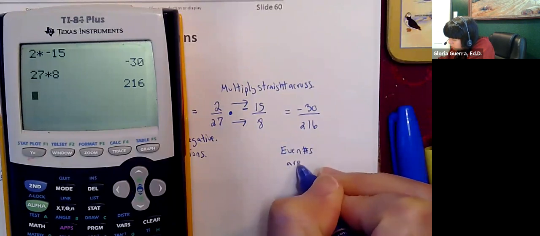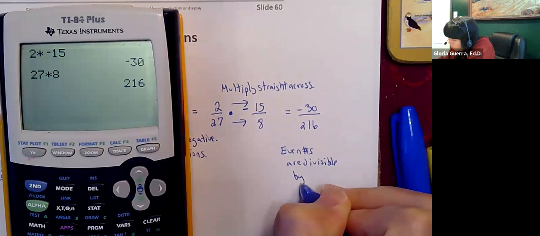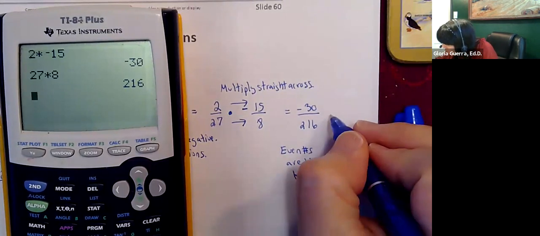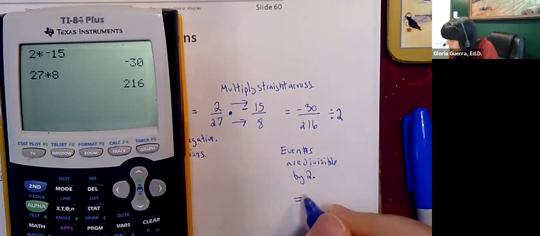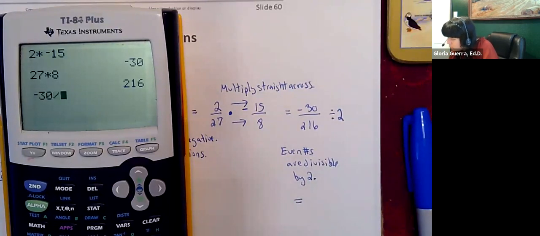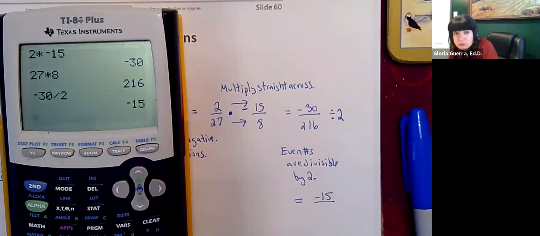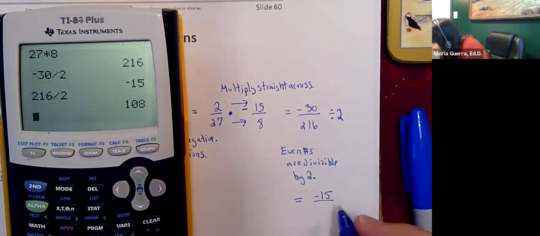Even numbers are divisible by 2. So negative 30 divided by 2 is a negative 15, and 216 divided by 2 is 108.